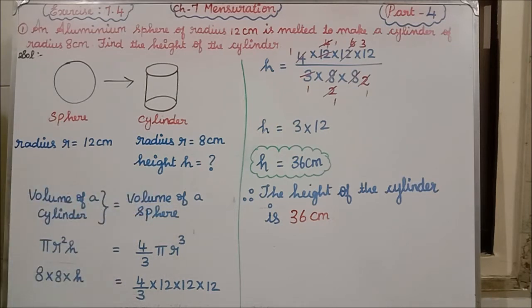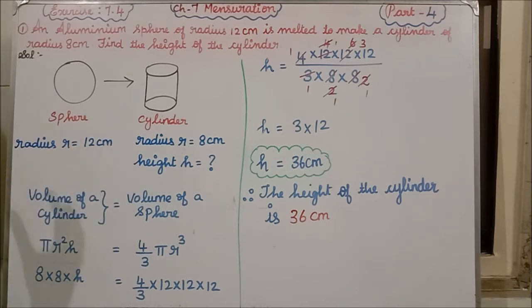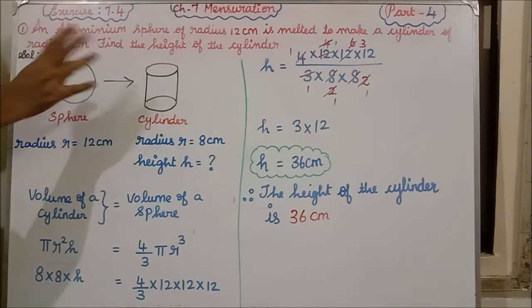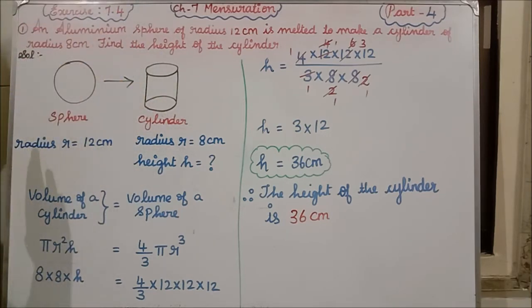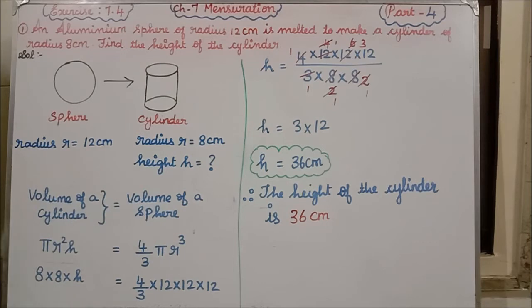Students, can you tell me why I am writing volume of a cylinder is equal to volume of a sphere? Because the volume I am using for the sphere, with that same volume only I am melting and making the cylinder. So both the volumes are the same, but the shape alone I am changing. Clear? So, volume of a cylinder is equal to volume of a sphere.